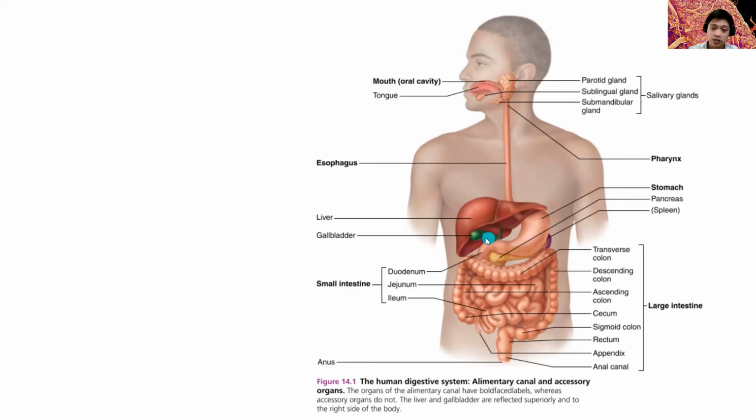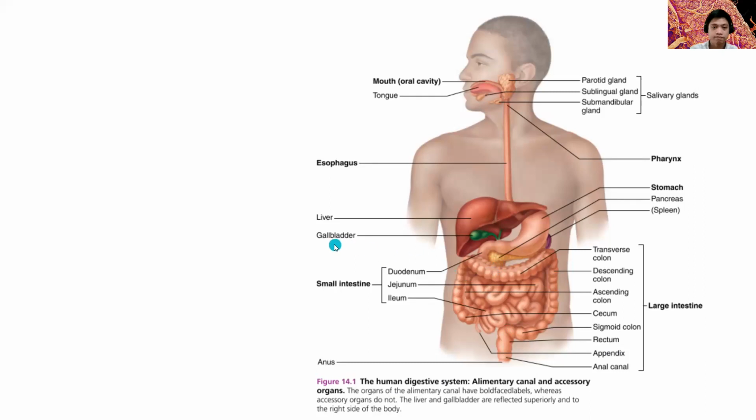They're colored green, and this is the extrahepatic biliary tree, which includes the gallbladder, the common bile duct, and you have here another solid structure which associates with the duodenum, the pancreas. And it also has its own tubular structures where its secretions called pancreatic juice flows, and enters the duodenum.